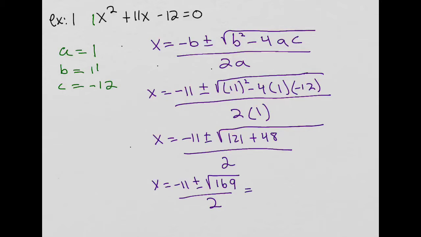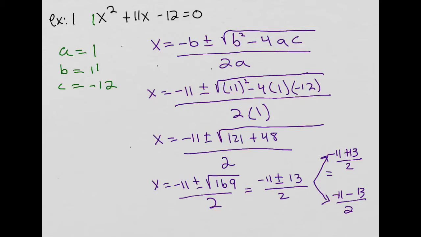Now I can simplify this a little bit more and say negative 11 plus or minus the square root of 169, which is 13, over 2. Here I have two parts, the negative and the positive. Negative 11 plus 13 gives you positive 2, divided by 2 gives you 1.